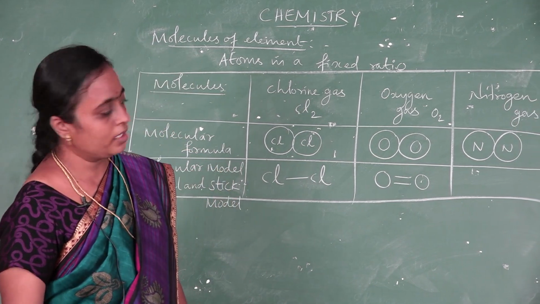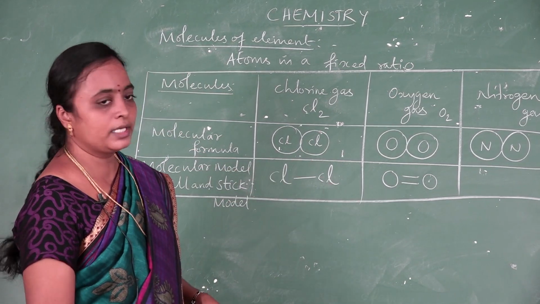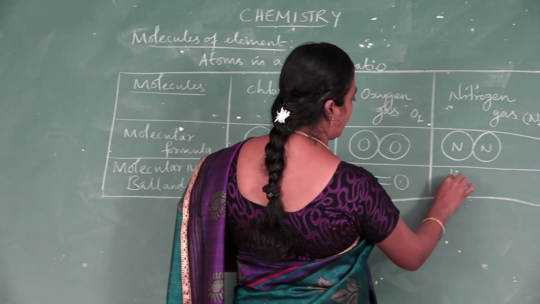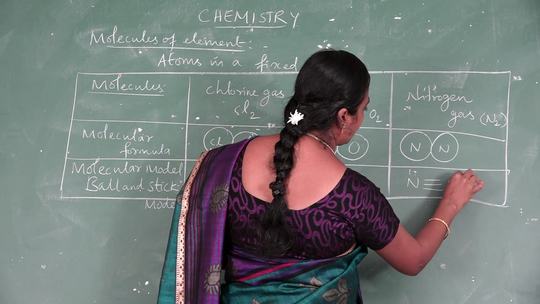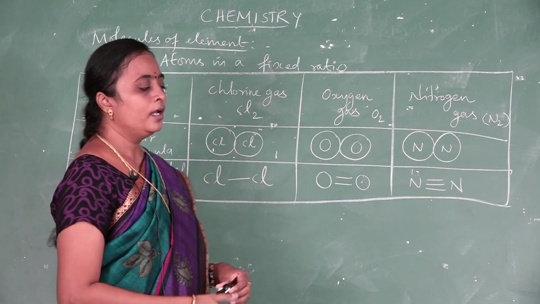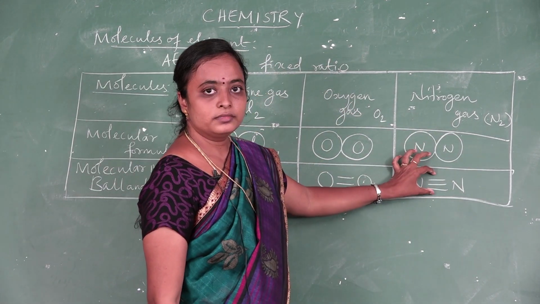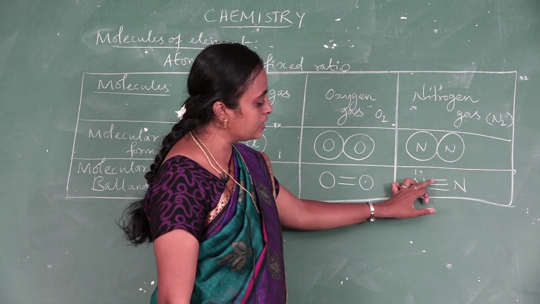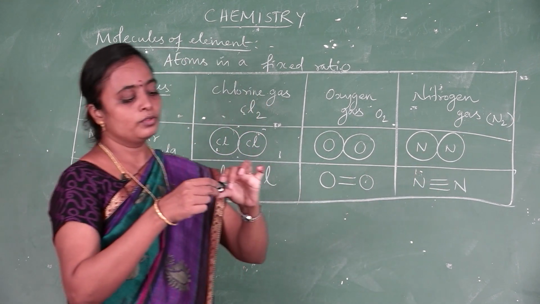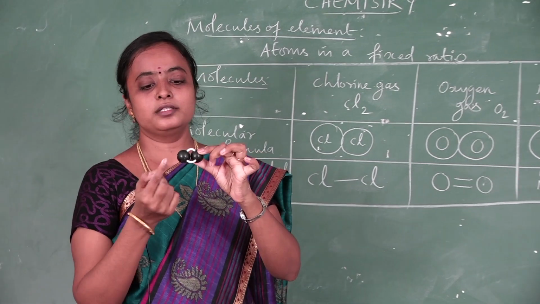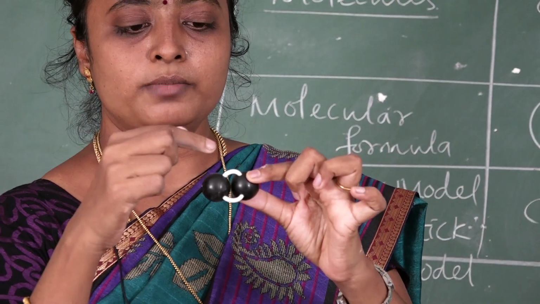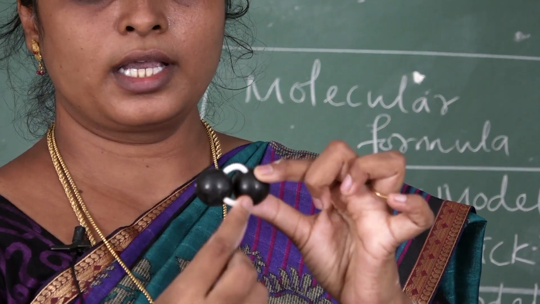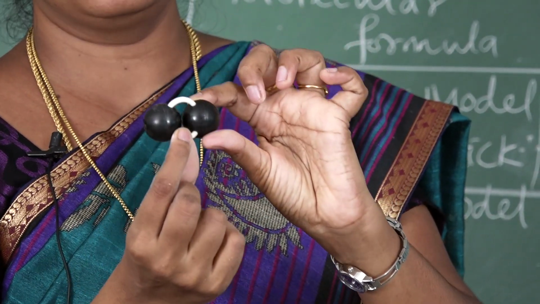In the same way, if I am taking nitrogen gas, between one nitrogen atom and another nitrogen atom there is formation of a triple bond. Three single bonds will be formed. So this structure shows this is one nitrogen atom, this is another nitrogen atom, and in between, the first bond, the second bond, and this will be the third bond.